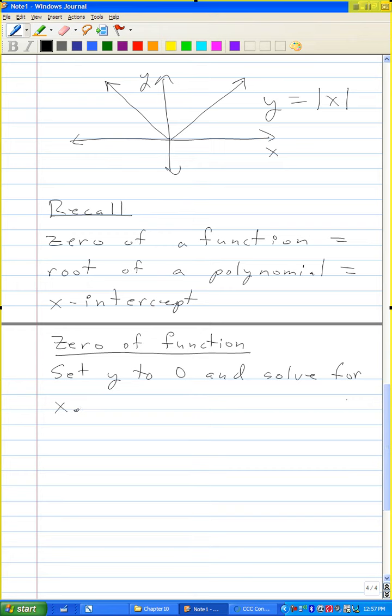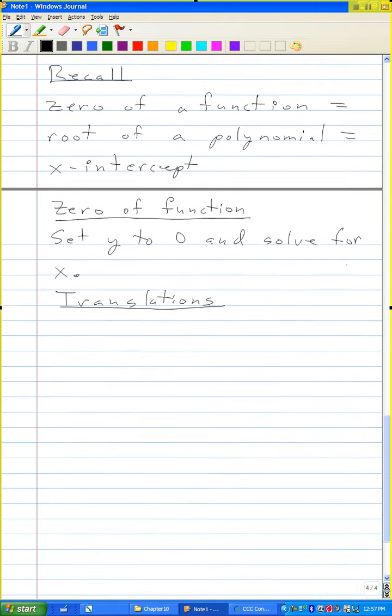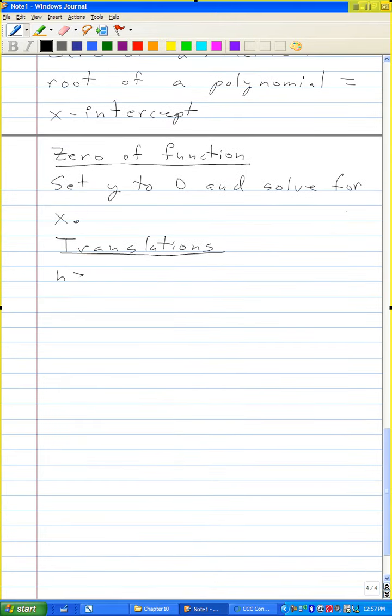Okay, so let me give you translations, reflections. So first, let's do translations. And I'll just assume here, to make it nice and easy, that h is greater than 0 and k is greater than 0.